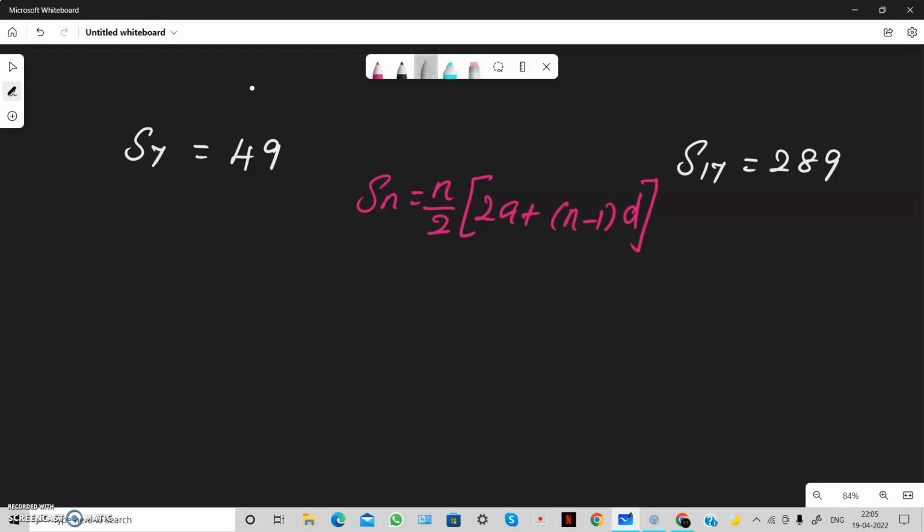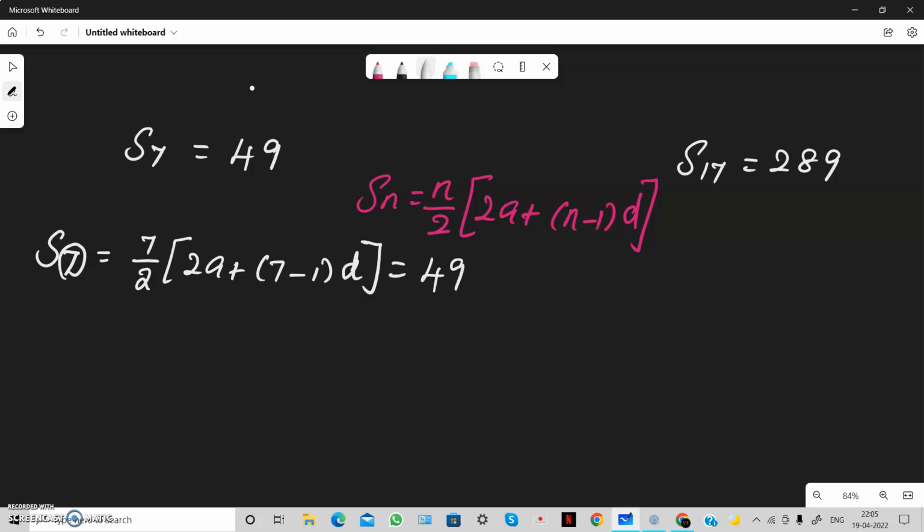So this is the formula. First we are going to substitute S7. So n is 7, that is 7 by 2 times 2a plus 7 minus 1 into d equal to 49.